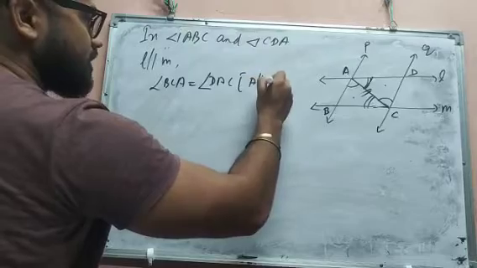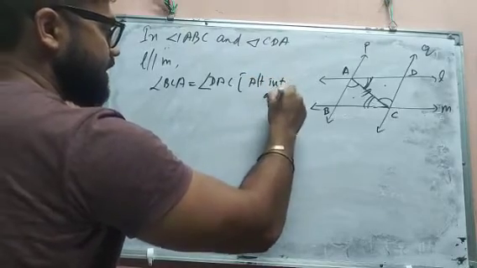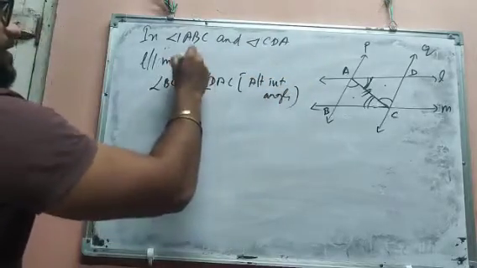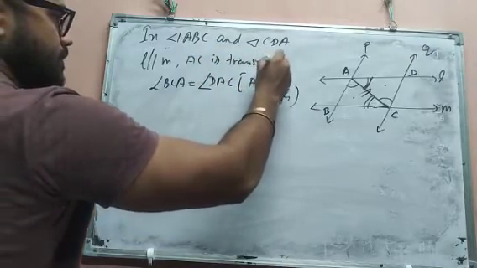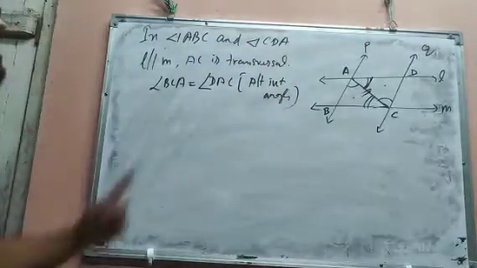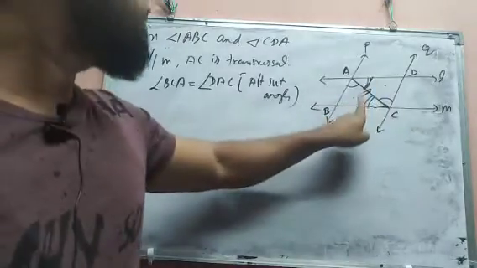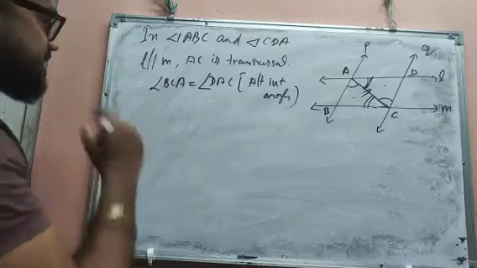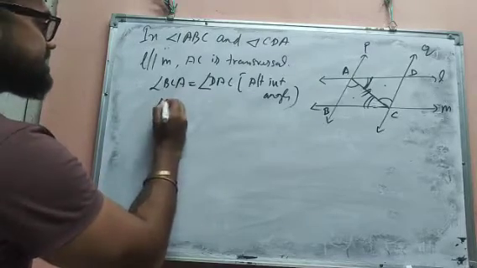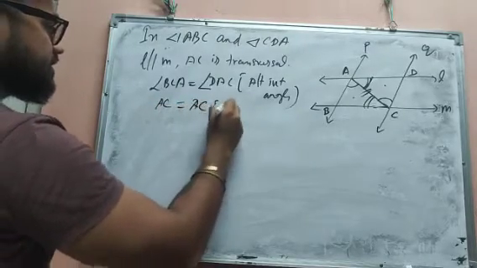Both are alternate interior angles, and here AC is the transversal. These two are equal. Secondly, you can say AC equals AC.